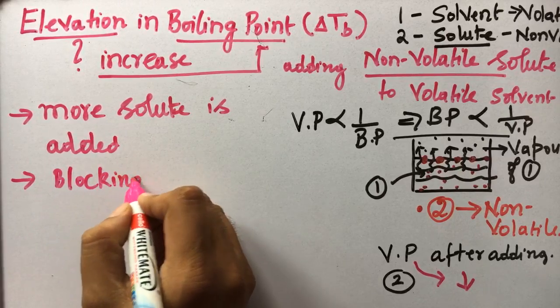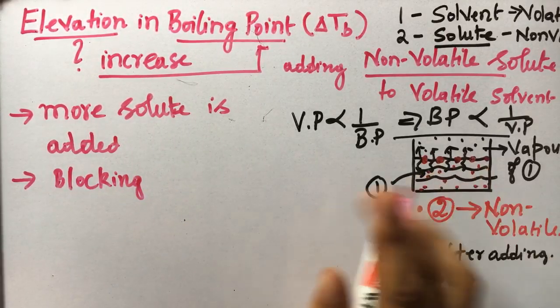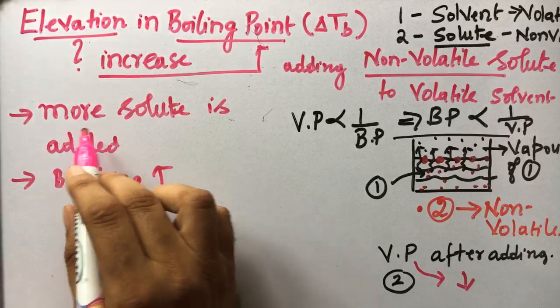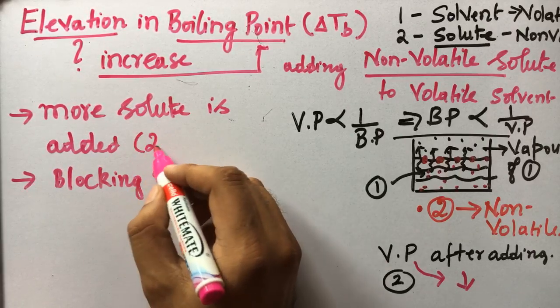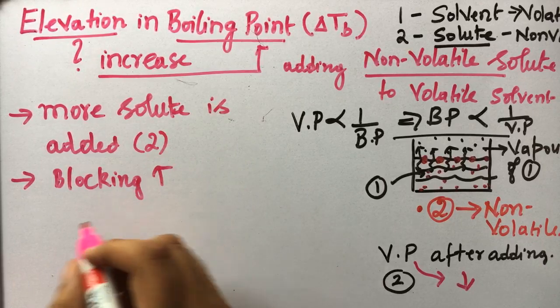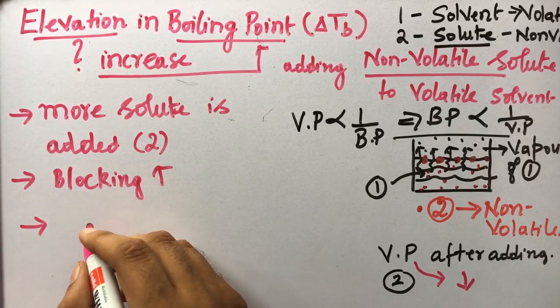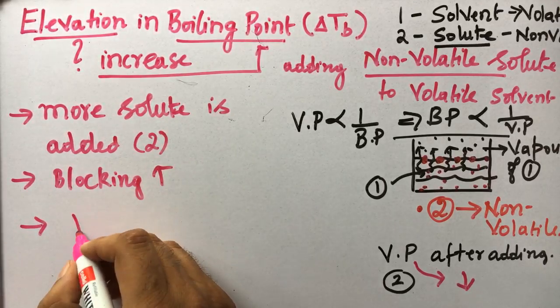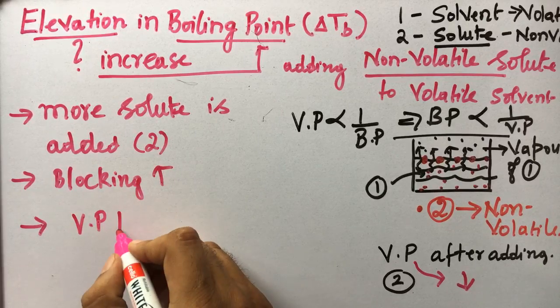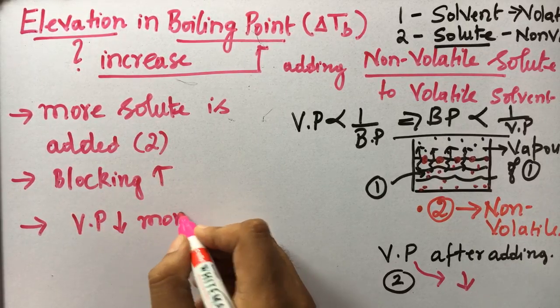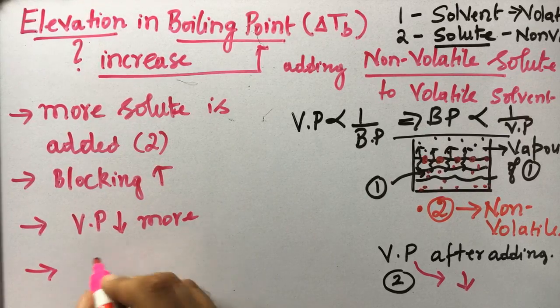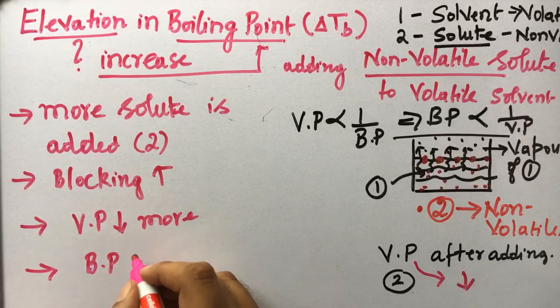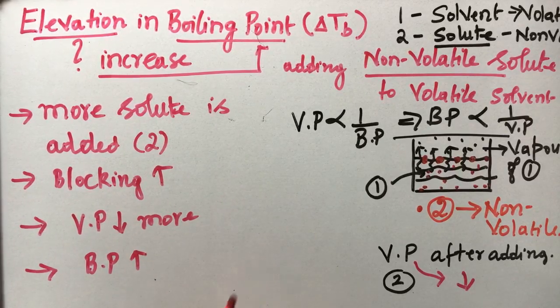Blocking by the red dots would increase because you are adding more solute, that is component 2. If more blocking happens, what will happen to the vapor pressure? Vapor pressure decreases more. If vapor pressure decreases more, what would happen to the boiling point? It would increase. This is the basis. This is the theory that you need to remember.